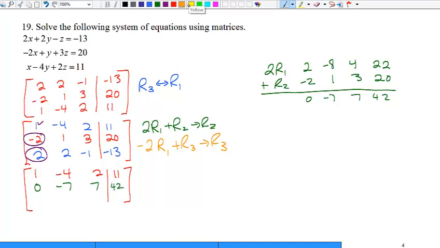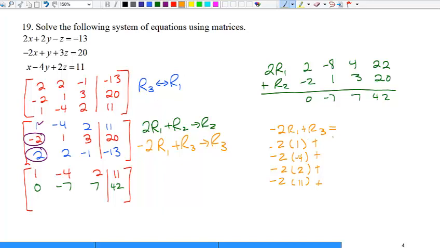Now if you didn't like that way, you could do it horizontally, and I'll show you that now too. So we have negative 2, and I'm going to write that 4 times, times row 1 plus row 3. So row 1 happens to be 1, negative 4, 2, and 11.